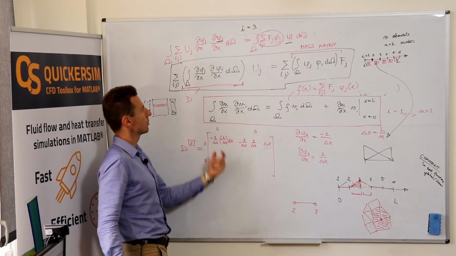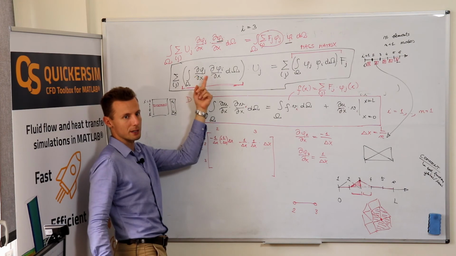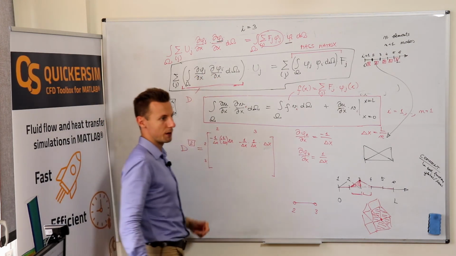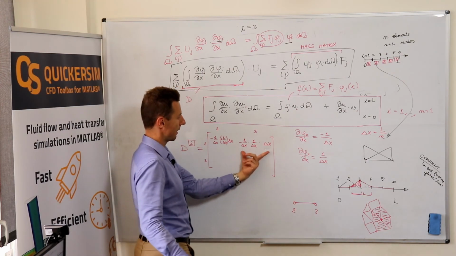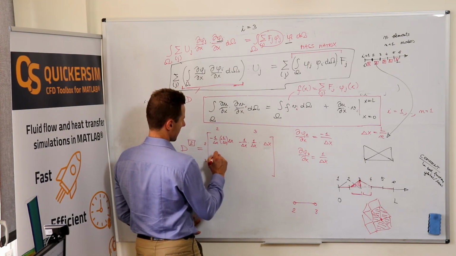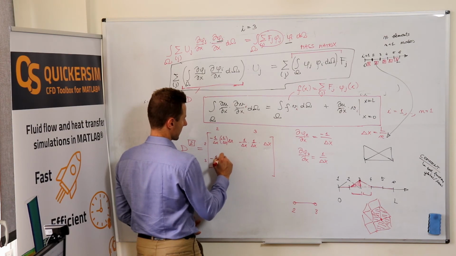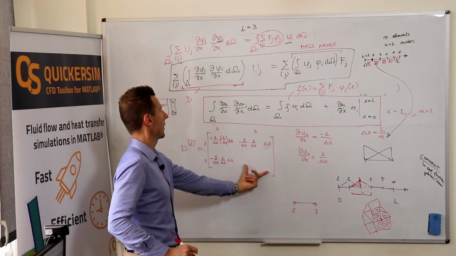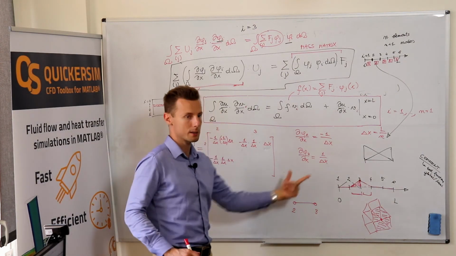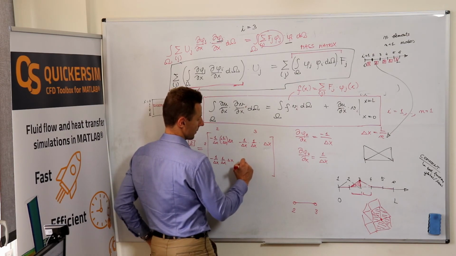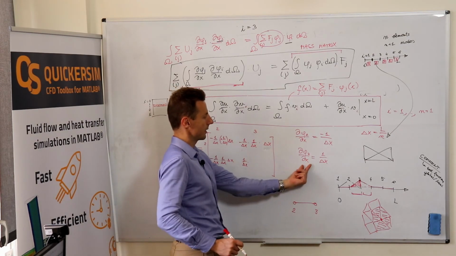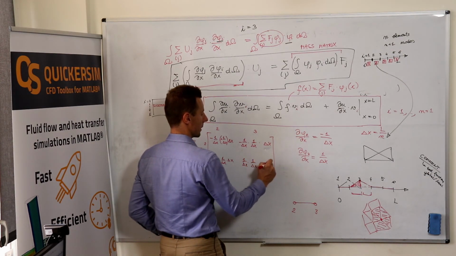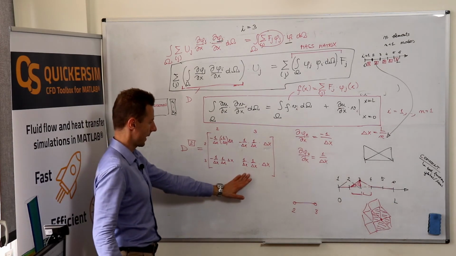If we move here, we need to calculate phi3 times phi2, and we see it's the product, so we can flip the order, and we'll still have the same result. So it's -1 divided by delta x times 1 divided by delta x times delta x. And here we need to multiply 1 divided by delta x times, again, the derivative of the third test function times delta x.